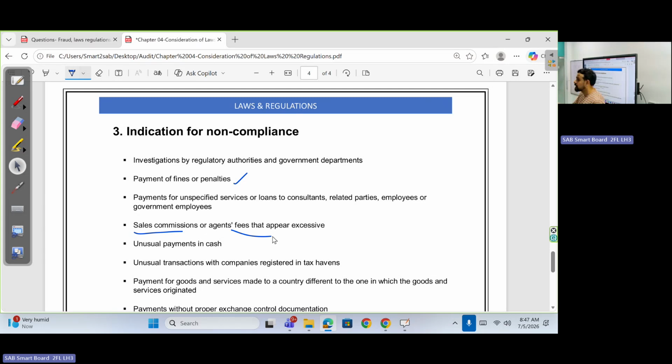Variance here. If you see a 10% or 50% variance, you have to look into it.